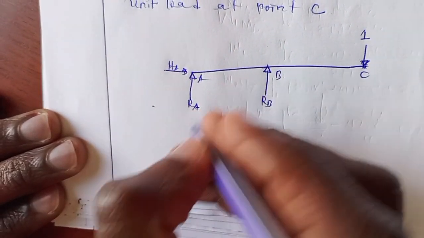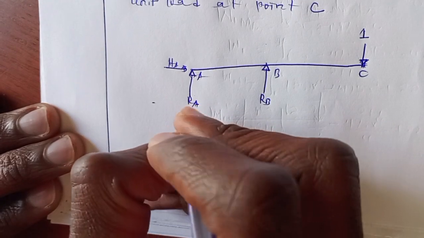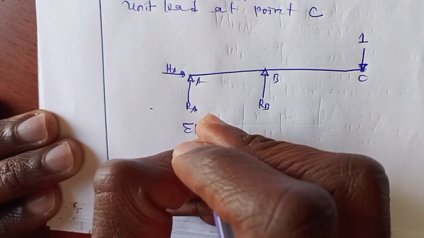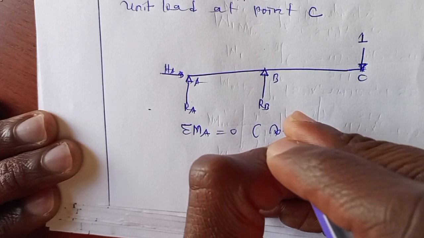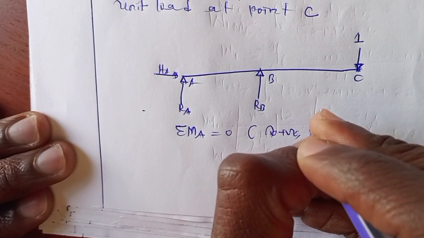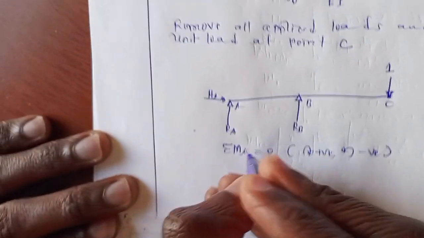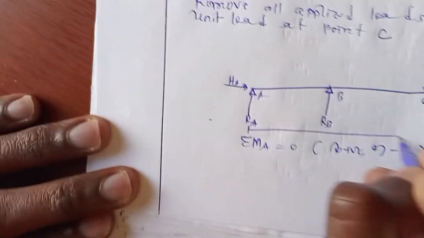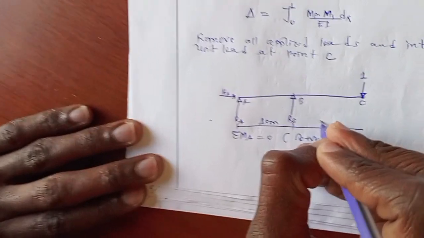So let's take summation of moment at point A equal to 0, with clockwise direction positive and anti-clockwise direction negative. From this point to this point is 10 meter, 5 meter.